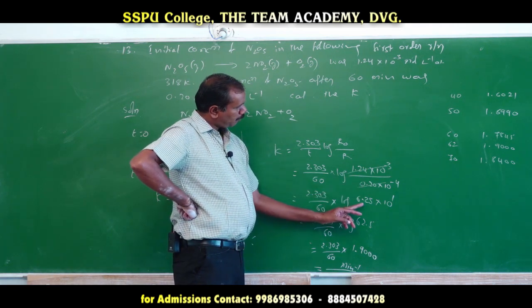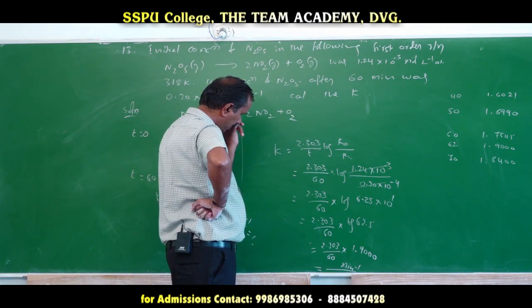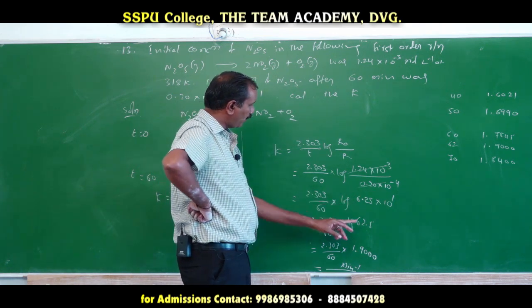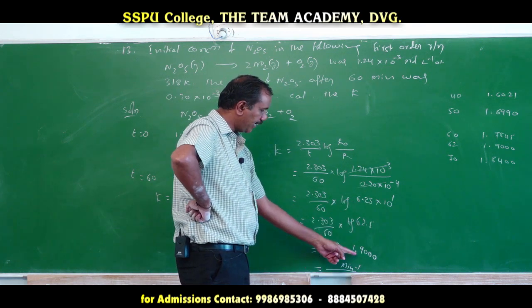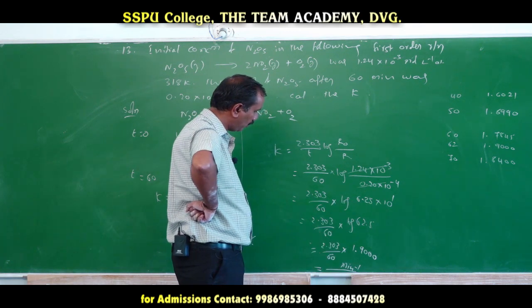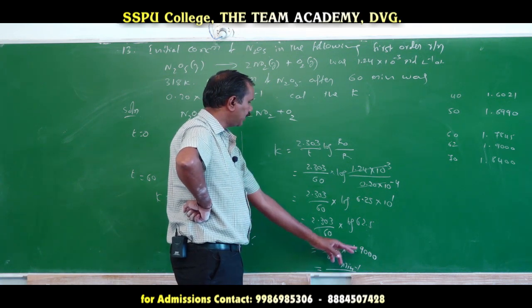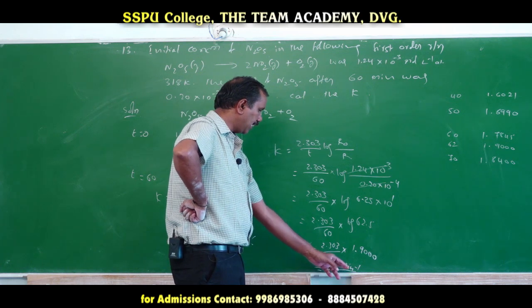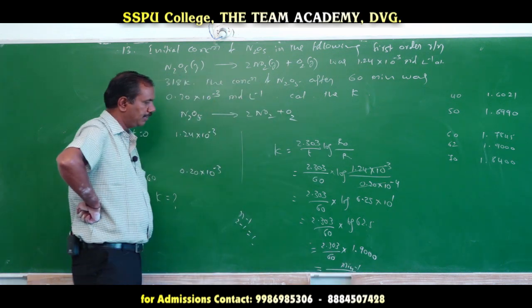So this value is 6.25 into 10 to the power of 1, which is nothing but 62.5. Log 62.5 nearly becomes 1.900. So 2.303 by 60 into 1.90, nearly we may get some value, and it should be in terms of what? Per minute.